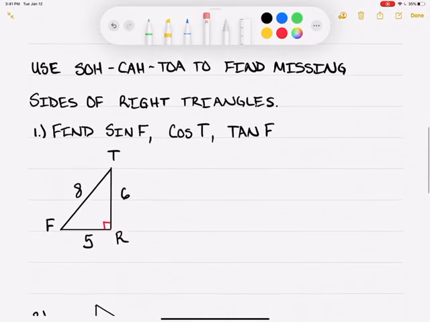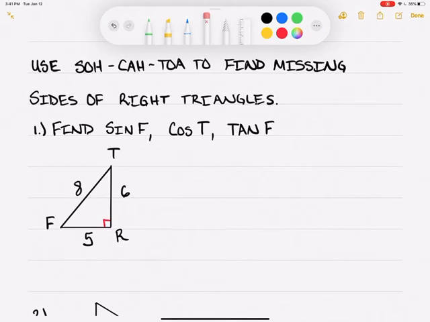We're going to use SOH-CAH-TOA to find missing sides of right triangles. We're going to find the sine of angle F, the cosine of angle T, and the tangent of angle F. So I'm going to find three things. First, we're going to start with the sine of angle F. Remember SOH-CAH-TOA.